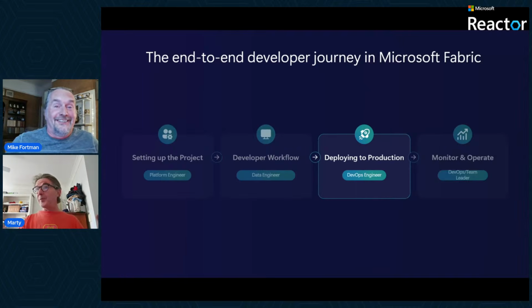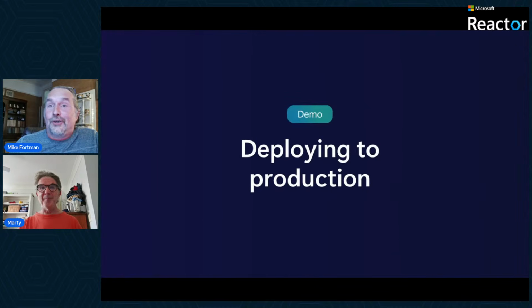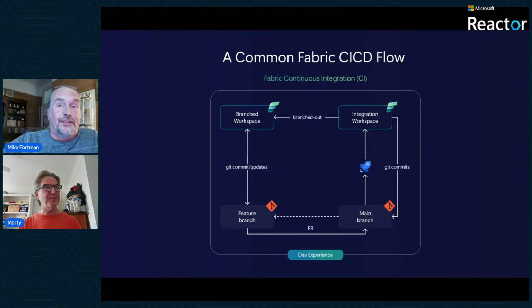But okay, so now we've checked out, we've merged, we've done things, but we need to deploy to production. So Mike, tell us all about deploying to production. All right. So again, we're going to move on into using Azure DevOps. Martin just showed us the developer workflow, iterating on that code until you get the code the way you want it.